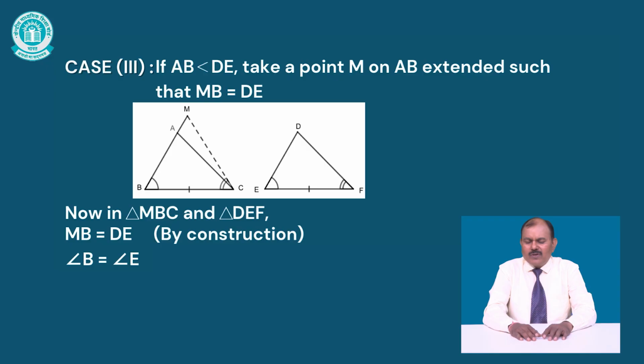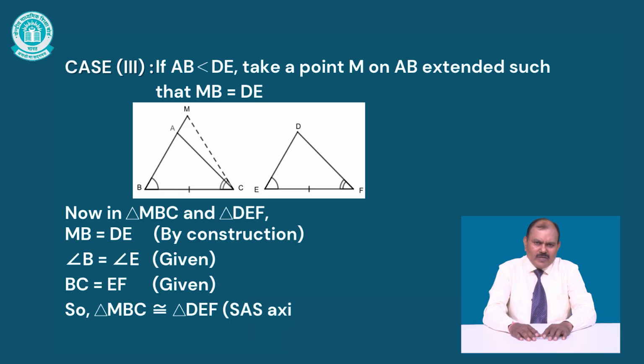Angle B equals angle E is given. BC equals EF is given. So, triangle MBC is congruent to triangle DEF by SAS axiom.